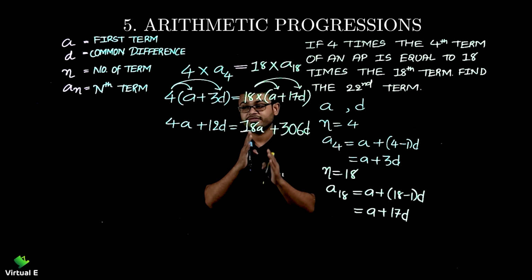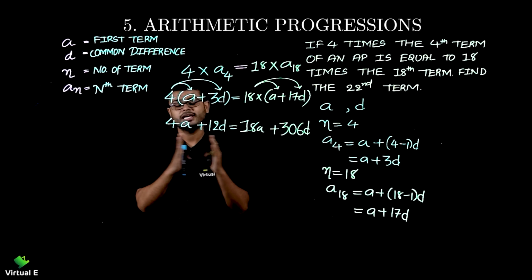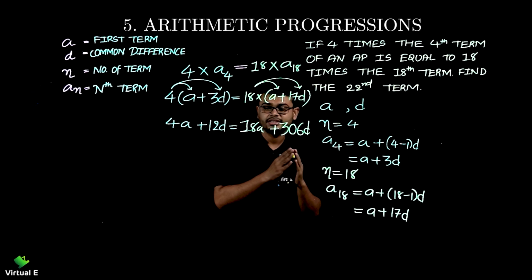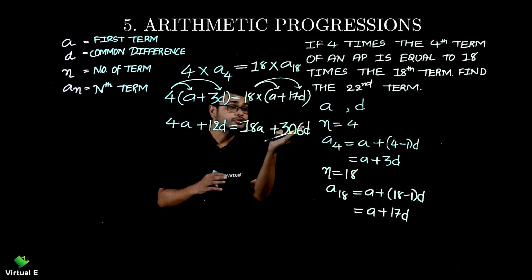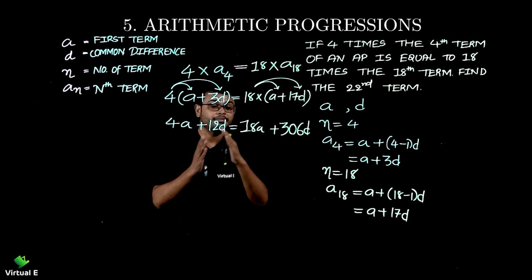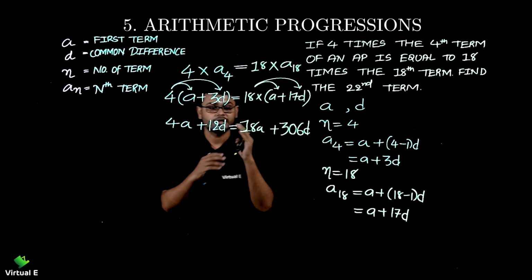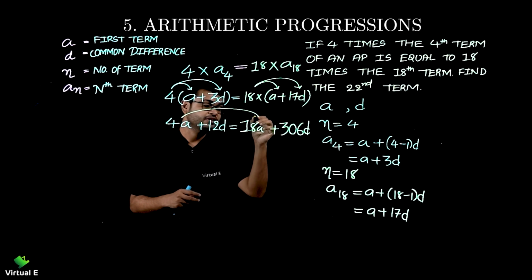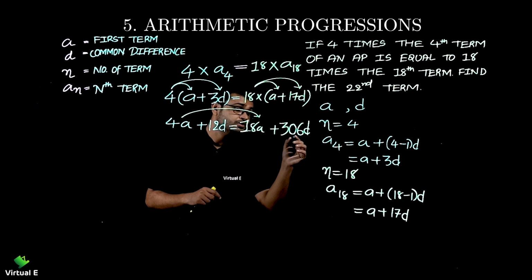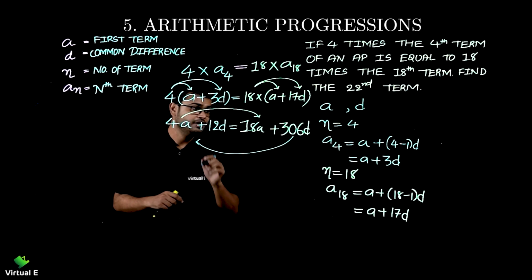So let's shift A and D. Let's get all the A on one side and all the D on the other side. I'm going to shift D over here, and I want to keep A over that side. So 4A I will be shifting to this side, and 306D I will be shifting over here.